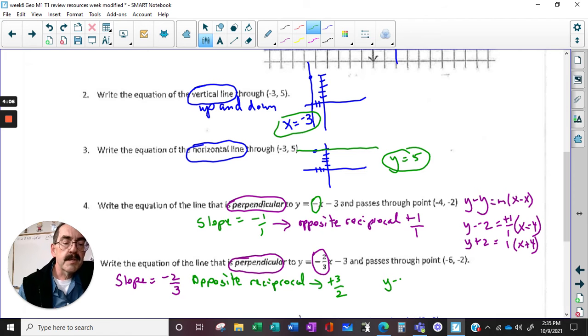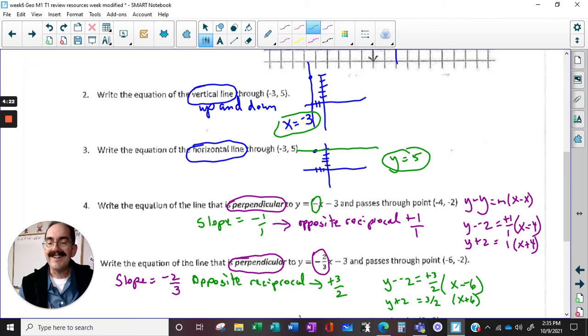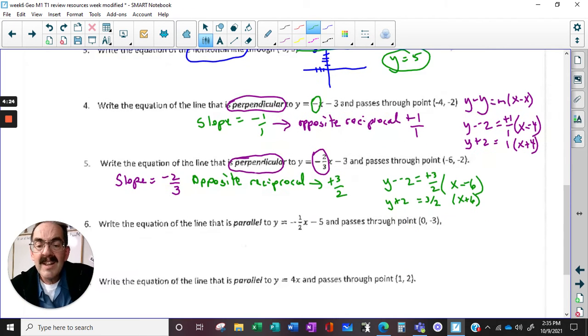Y minus -2 equals +3/2 times x minus -6. Clean it up. Y plus 2 equals 3/2 times x plus 6. Alright, let's keep going.